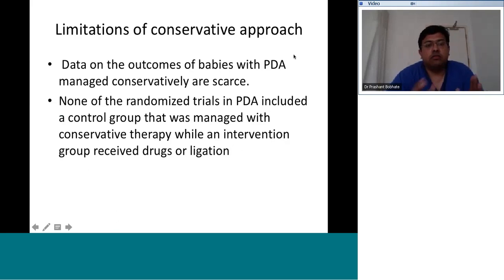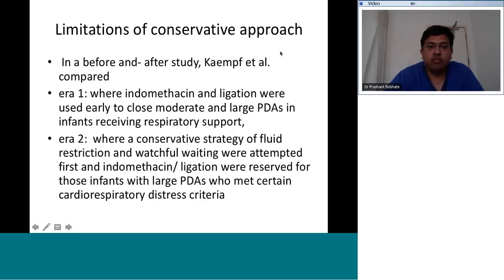There are not many studies which have studied the conservative approach in detail. Especially, there is no randomized trial in which they have compared a conservative approach versus pharmacological or surgical therapy. What we only have is a before and after study by Kemp et al. It was an observational study.